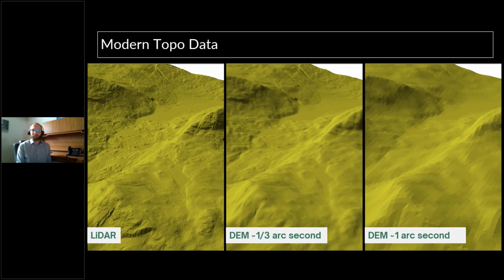And even if it's not publicly available, it's almost always more economical, if you're doing a large survey, to collect LiDAR data than to collect conventional survey data. So by incorporating LiDAR or similar data in your planning process, you can greatly reduce your planning time and improve the quality of your plan.